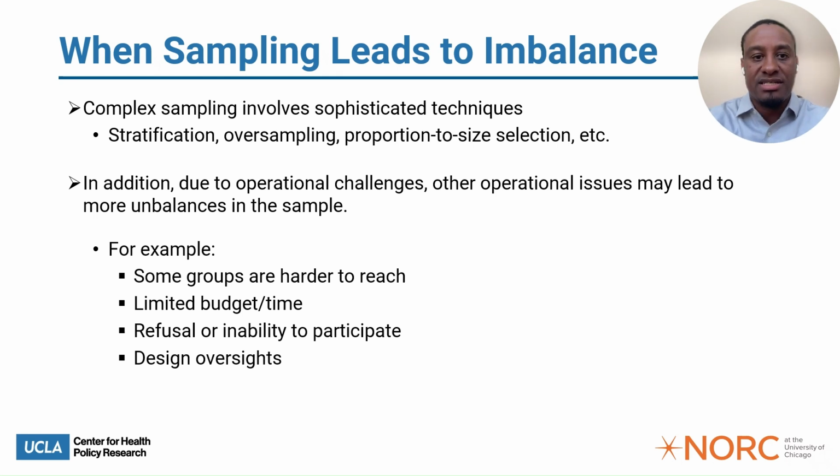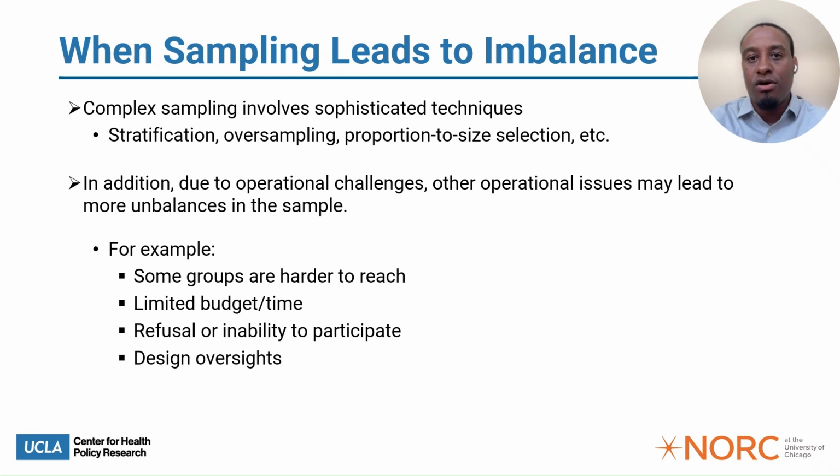On the operational side, we may run into issues that may increase the imbalance in the sample. For example, we may have some groups that are harder to reach, leading to higher non-response. We may have a limited budget of time to conduct follow-ups to increase our response rate.